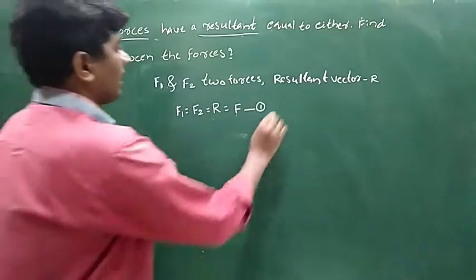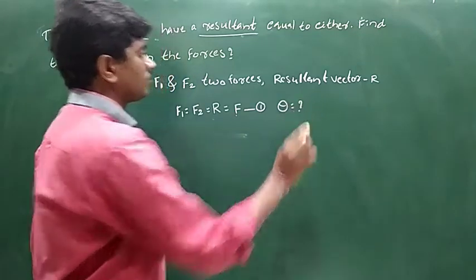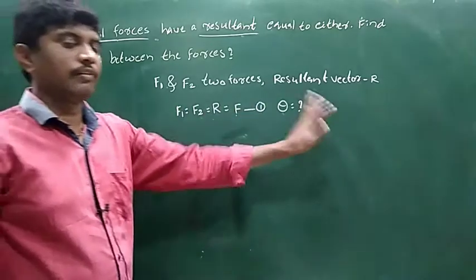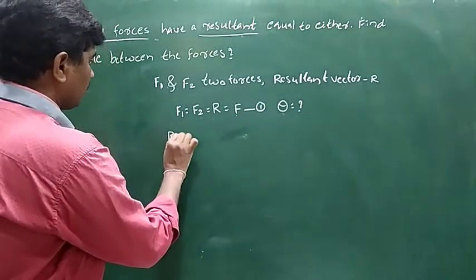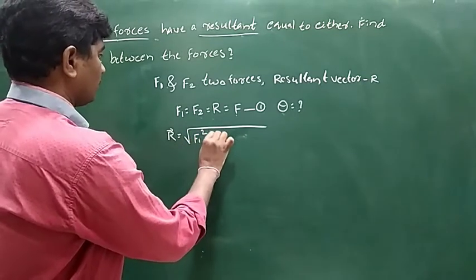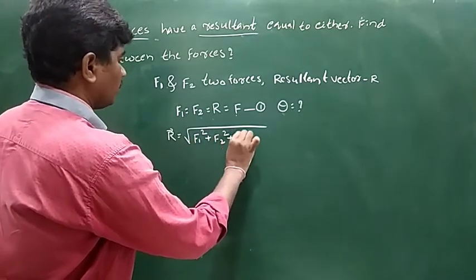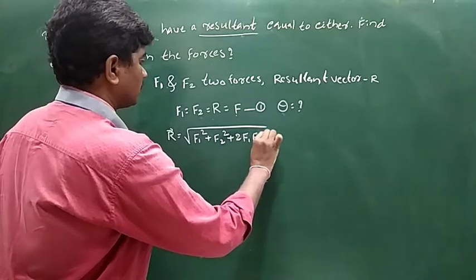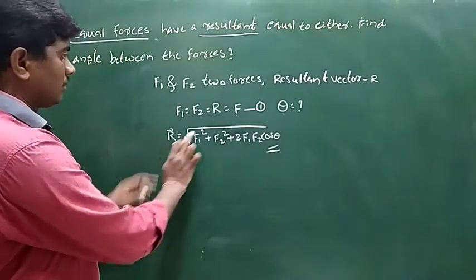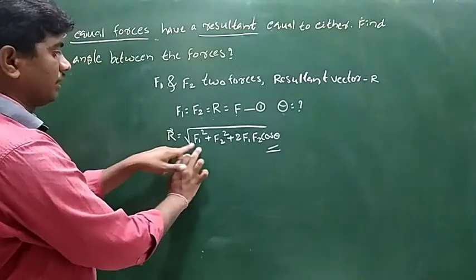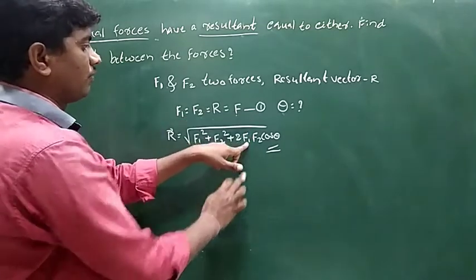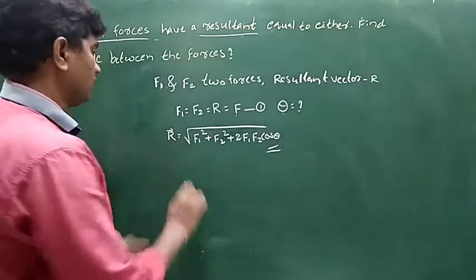To find the theta angle, we apply the magnitude of the resultant vector: R bar equal to under root of F1 square plus F2 square plus 2 F1 F2 cos theta. This is the formula of magnitude of the resultant vector. To apply, R equal to F. F1 is equal to F, F2 is equal to F, plus 2 into F1 F2 is equal to F, cos theta.